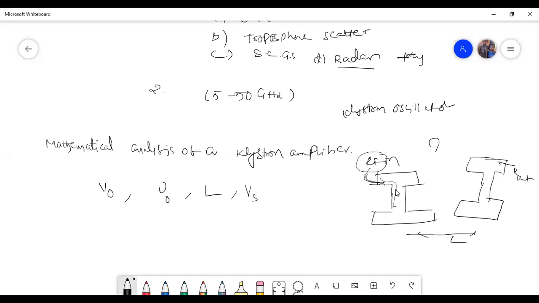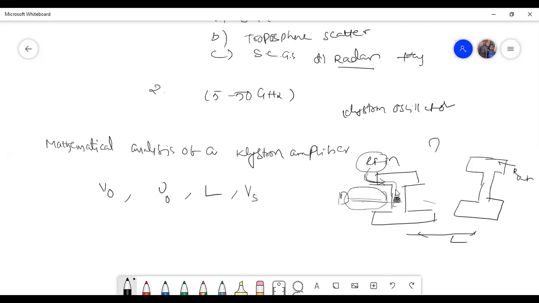Now, when the electrons are accelerated by the high DC voltage V0 before entering the buncher grid, as I explained, whenever they reach the input cavity or buncher cavity, only at that time does the velocity modulation process come into the picture, right? At the buncher cavity only. Here we have the electron gun, electrons are coming like this, and all this portion is before the velocity modulation process, before the buncher grid.